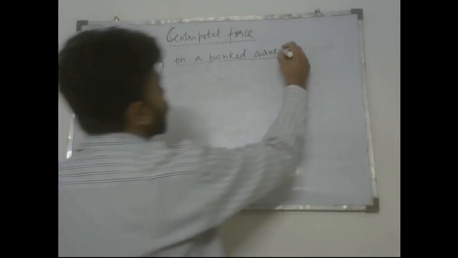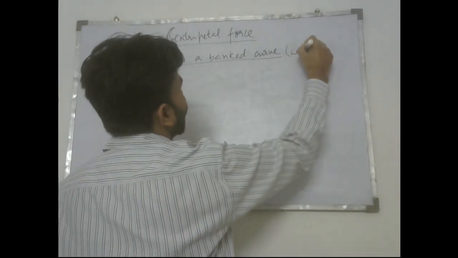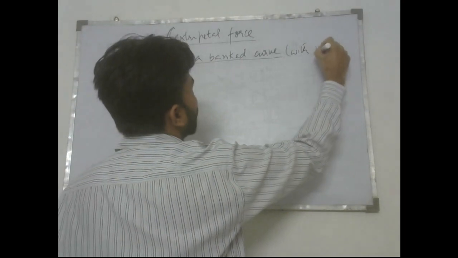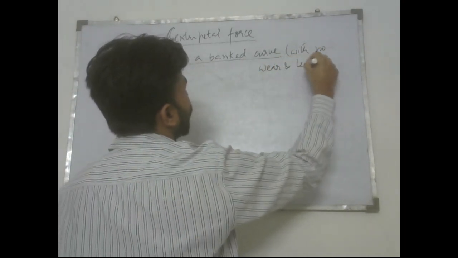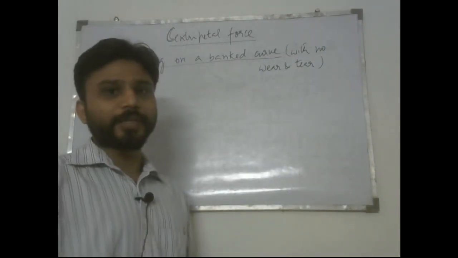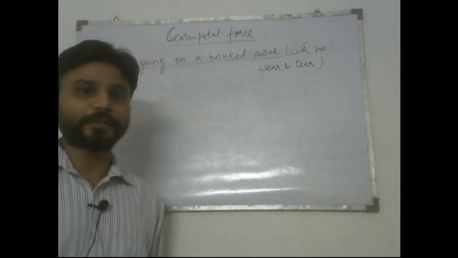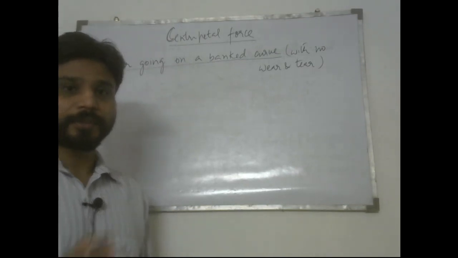The first case which we are going to take is with no wear and tear of tires. That's not what I have written, but it is assumed there is no wear and tear of tires. So that is the case which we are going to consider now.